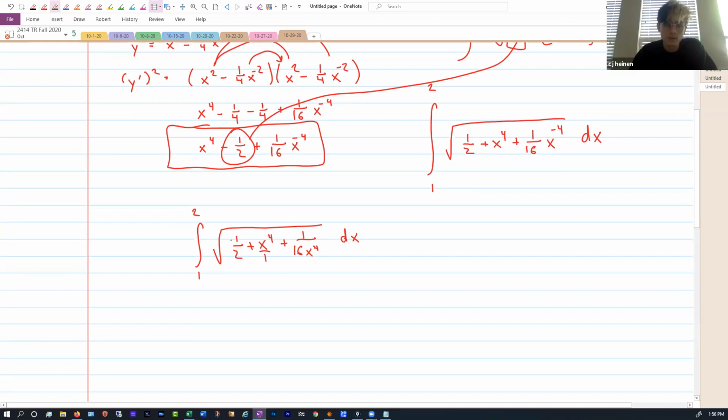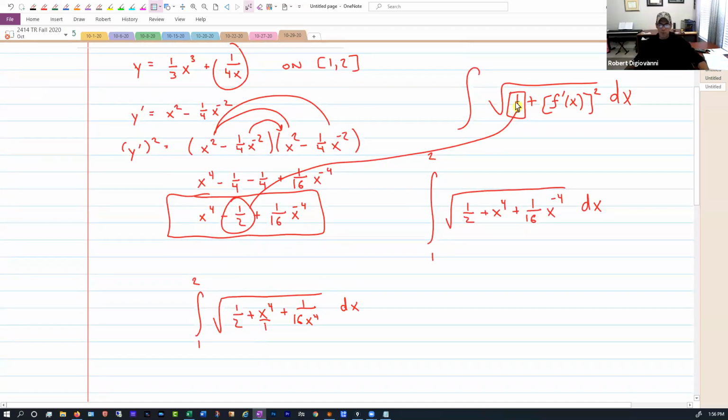How did you make the 1/2 positive? That's what I'm saying. In the formula, it's the derivative of the function squared, right? Which is what I have in this box. But then plus 1. So let me just write it down.